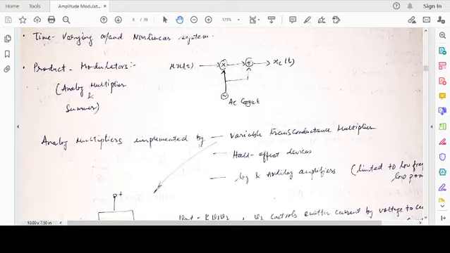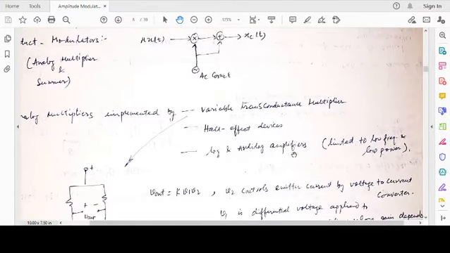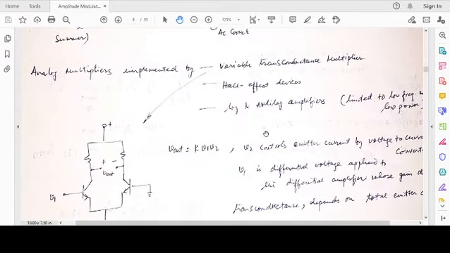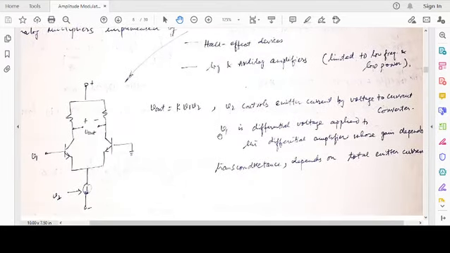Then you add them, so essentially it's a product, and then you do an anti-log, again implemented using an op amp. But this is limited to low frequency and low power, because low frequency op amps are easily available. At higher frequencies, it's difficult to make a very good operational amplifier, and it is definitely limited to low power. For high power, we do something known as a switching modulator.